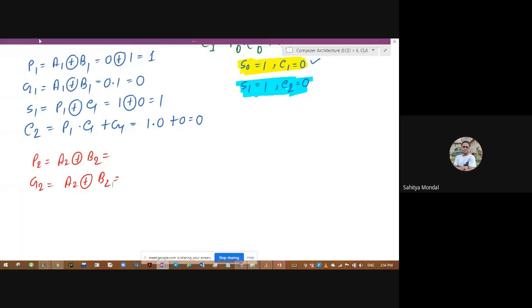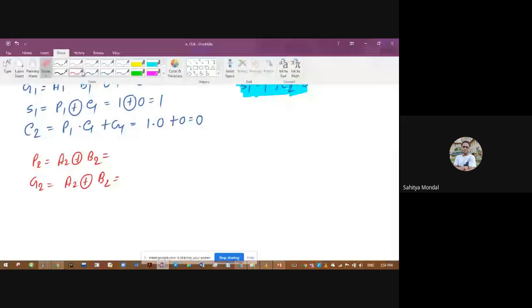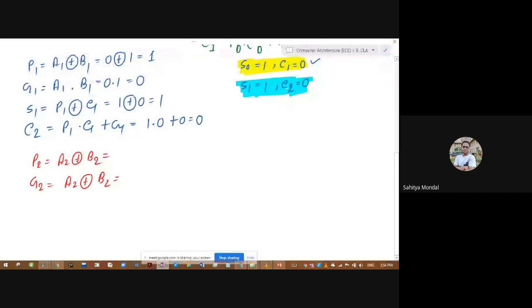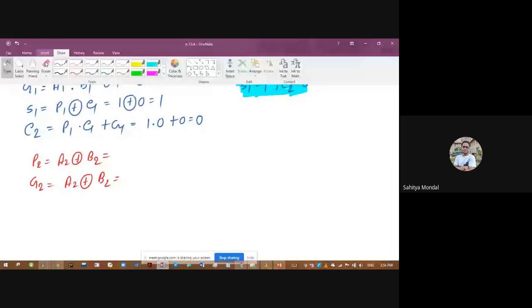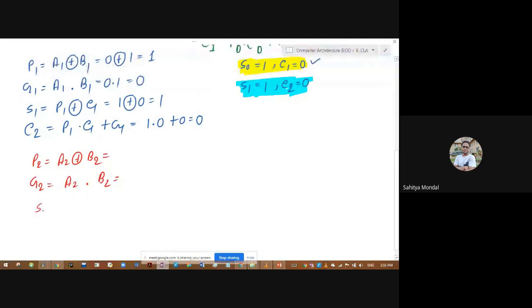Sorry, here I have made a slight mistake. This cannot be XOR. It will be AND, right? A2 AND B2. Now S2 is going to be P2 XOR C2, and C3, that is 2 plus 1, C3 is P2 AND C2 OR G2.